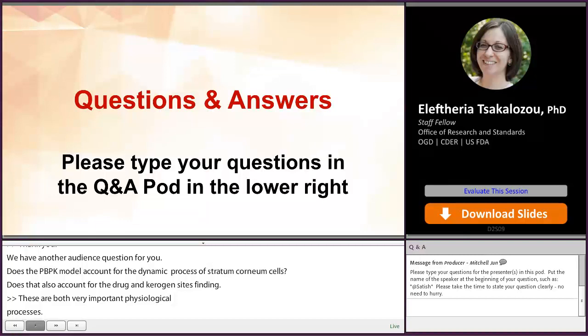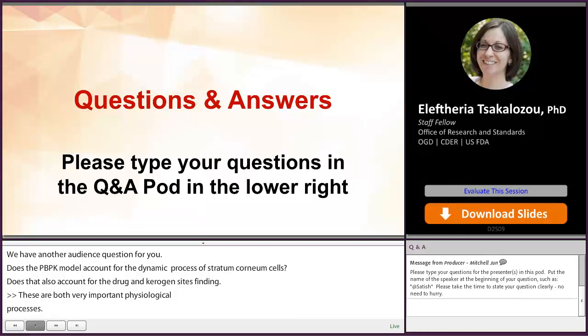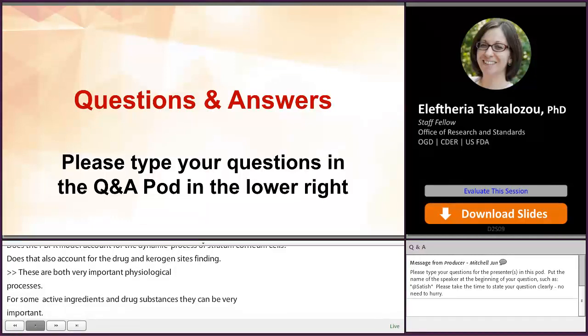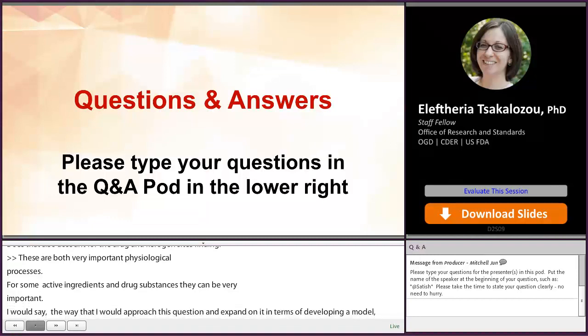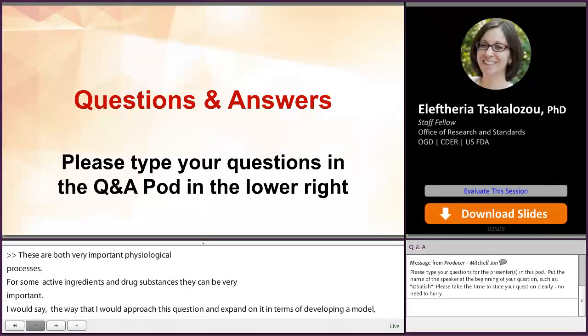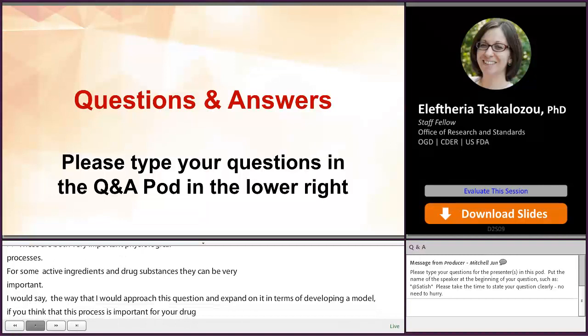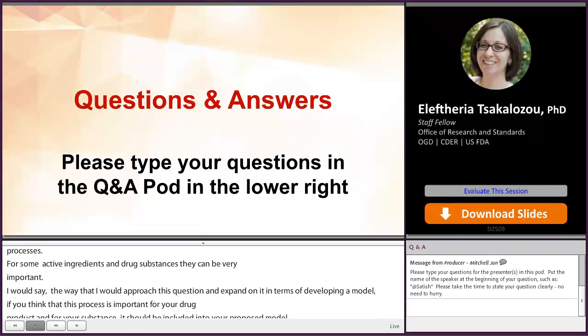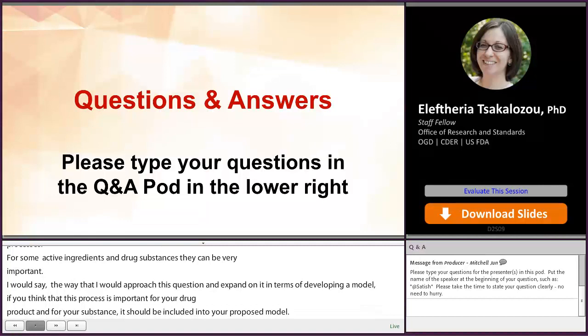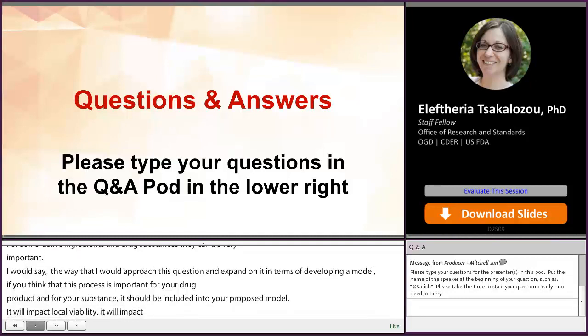So the way I would approach this question and expand on it in terms of developing a model, if you think that this process is important for your drug product and for your drug substance, then it should be included into your proposed model, because it will impact local bioavailability, it will impact in vivo performance for your product. If it is not important, then it need not be included into the model.